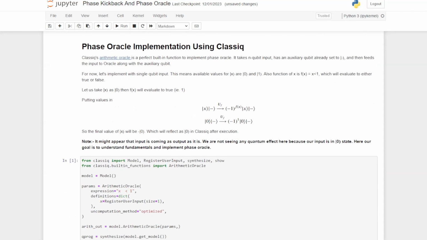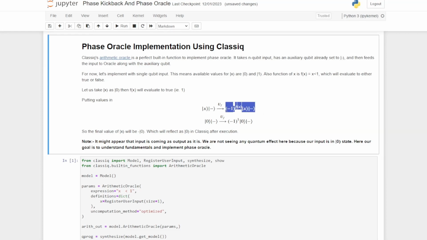Now let's see how to implement phase oracle using the Classiq SDK. For now I will take x as 0, and since we are going to use the arithmetic oracle function of the Classiq SDK, we will have this one hard coded as minus one, and the output value depends on what expression I take. So I am taking x as 0, and f(x) I will take is x less than 1. So yes, x is less than 1 means f(x) will give 1, and we should see the final output as minus 0.